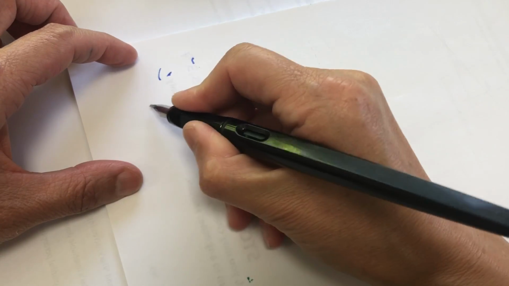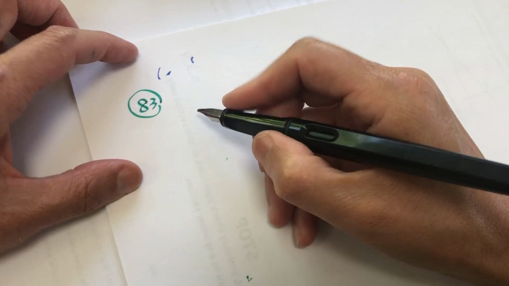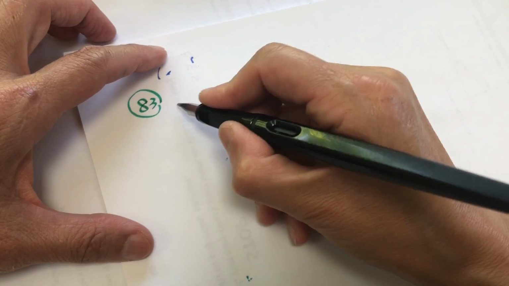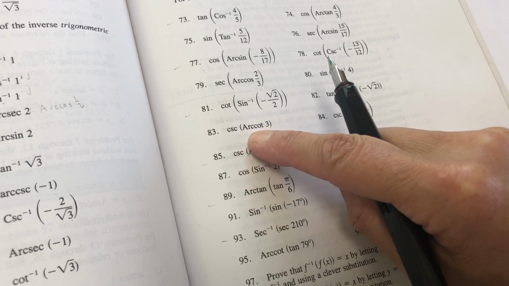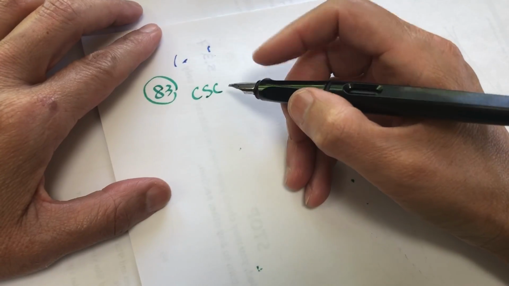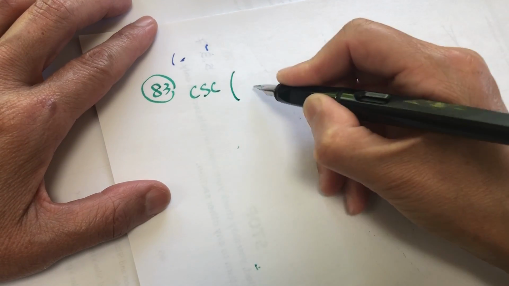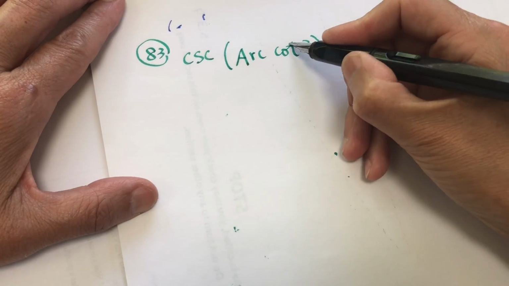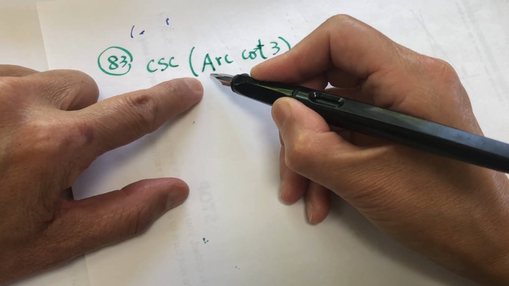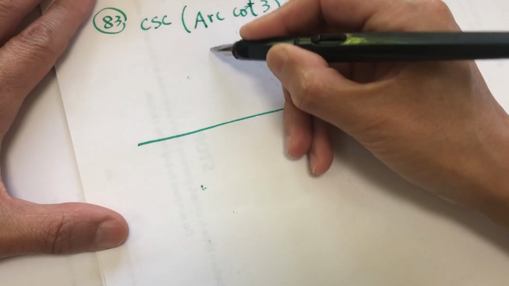Okay, 83 is cosecant arc cotangent 3. So this one is capital, it must be in the first quadrant.